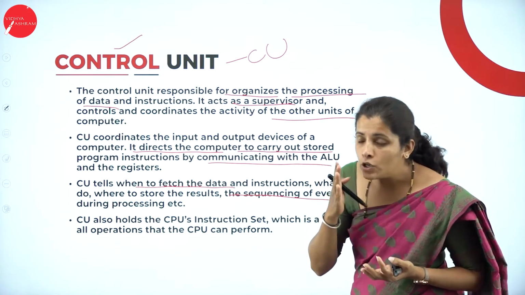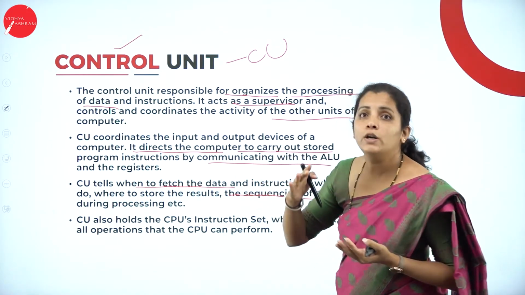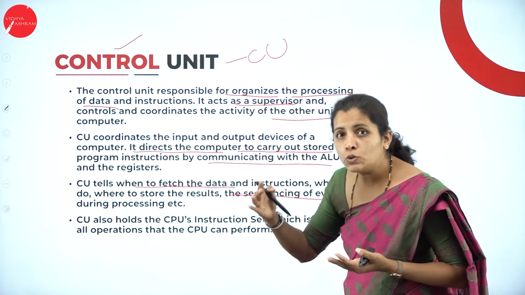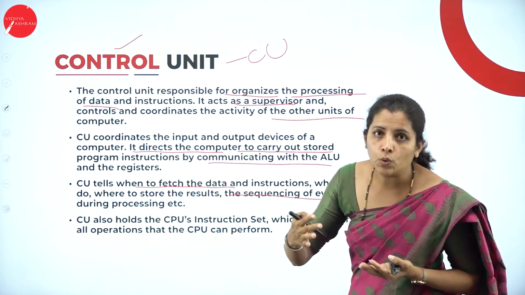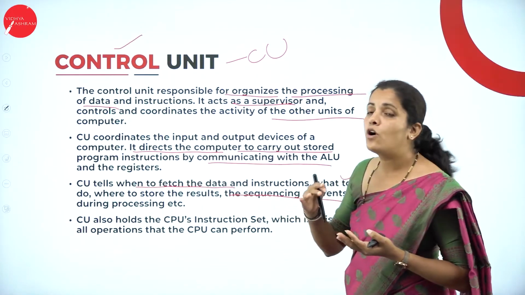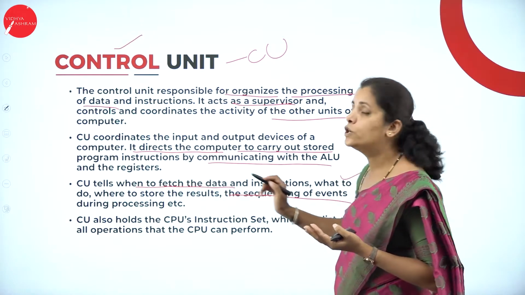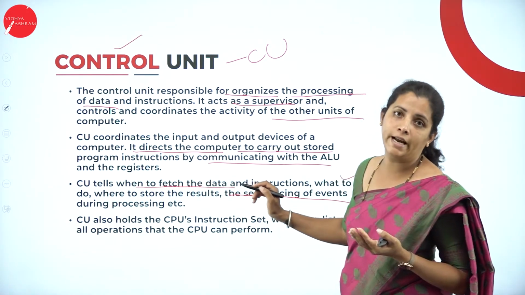So, the control unit tells when to fetch the data and instruction, where to store, and what to do. At the same time, it is also responsible for sequencing of events during processing of data.